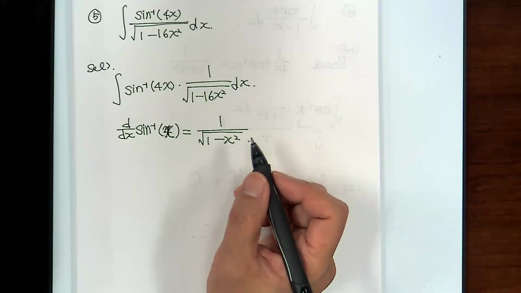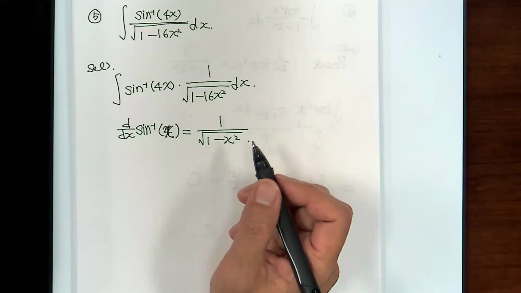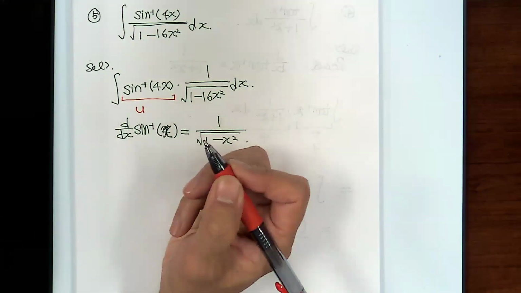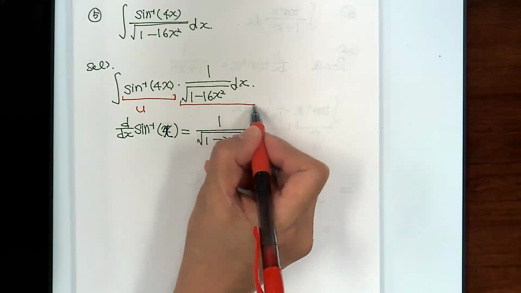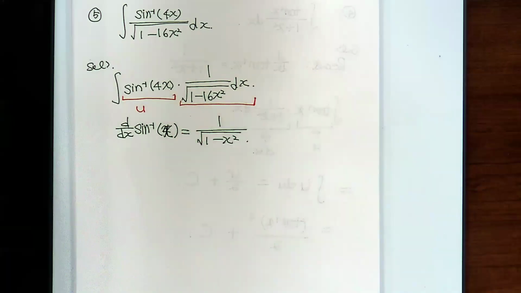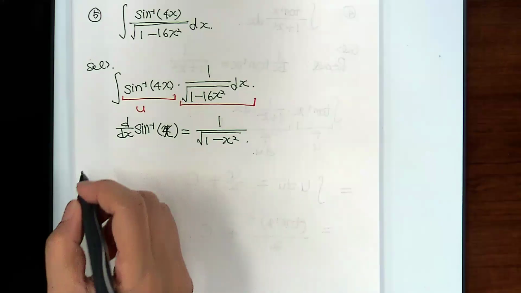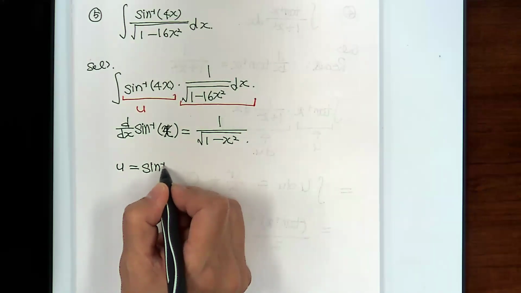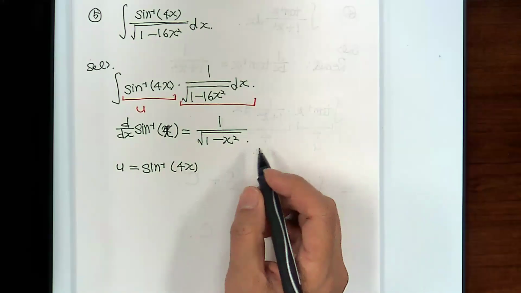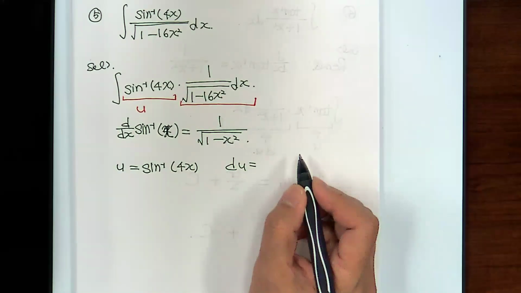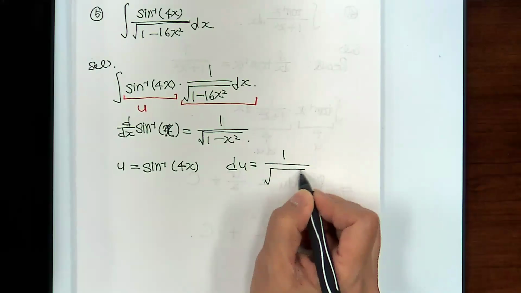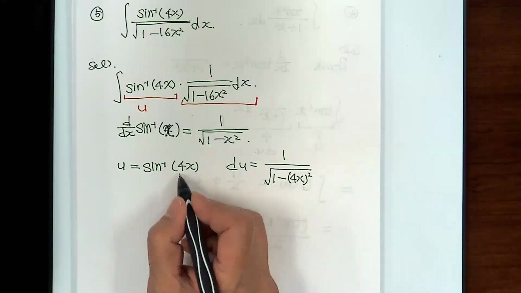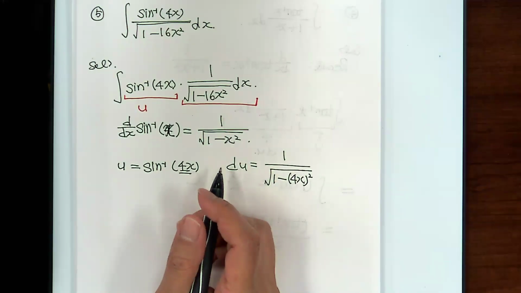So if we write sine inverse of 4x as u, then that'll be something to do with this one. But maybe there is some redundancy. Let's write u equals sine inverse of 4x. Then du equals 1 over square root of 1 minus 4x squared, because the inner function is 4x, right?